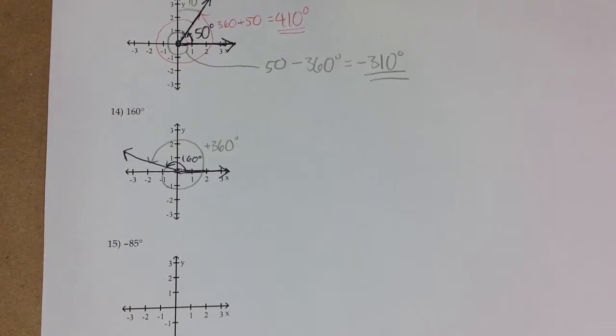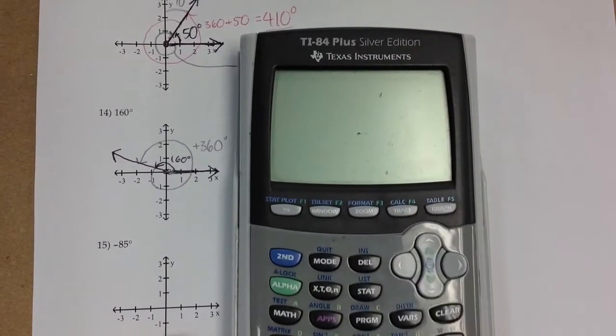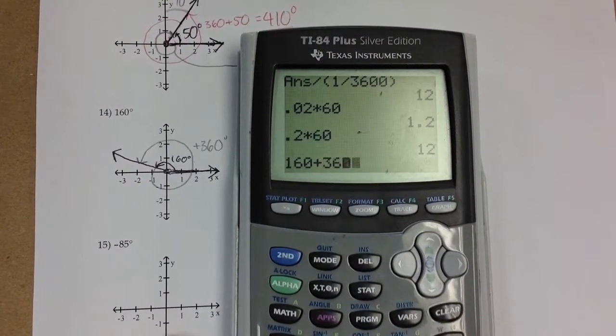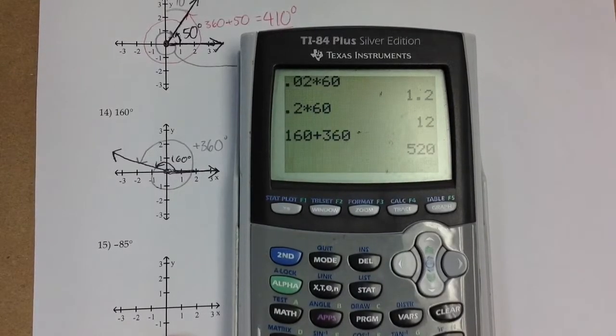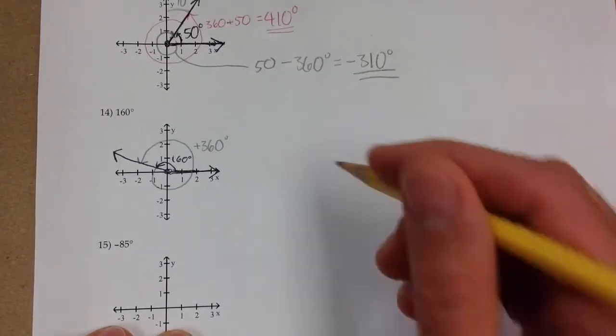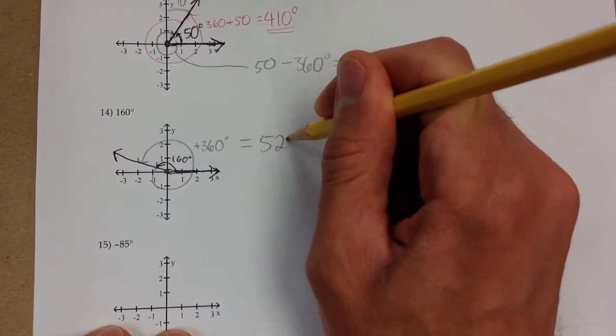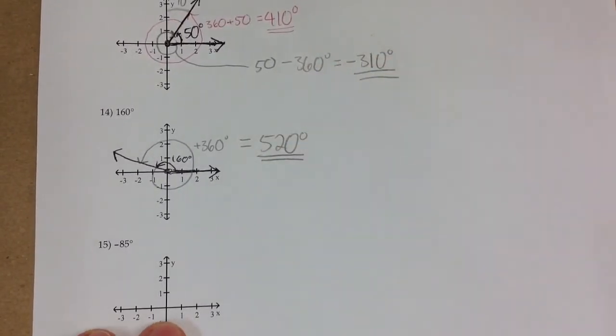Okay? So does that help? Are you able to come to an answer? 500? 540? I don't think so. I think it's 520. That's the positive one.